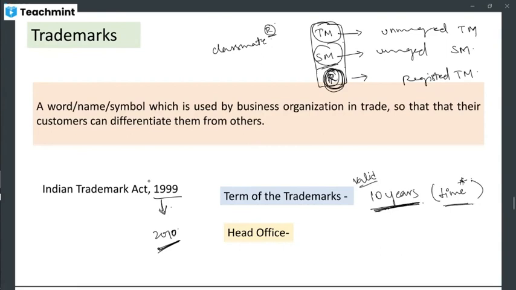According to the Indian Trademark Act, anything registered in India is valid up to 10 years, and then it can be renewed. The head office of the trademark registry is located at Mumbai. So this is about your trademark.